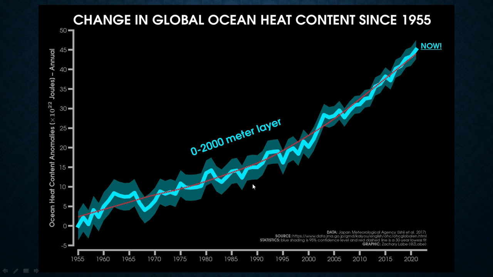And what they have here is this bright blue line on the measurements. The blue shading is the 95% confidence level. And the red dashed line is a 30-year LOWESS fit. Now, LOWESS, not lowest, so it's not saying a minimum value. It's a type of regression analysis.